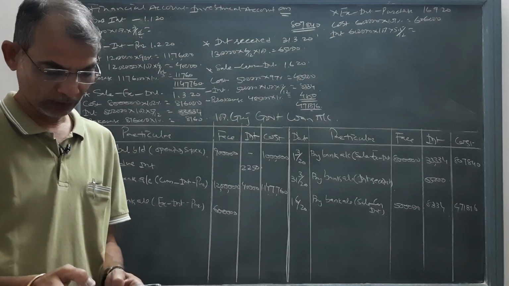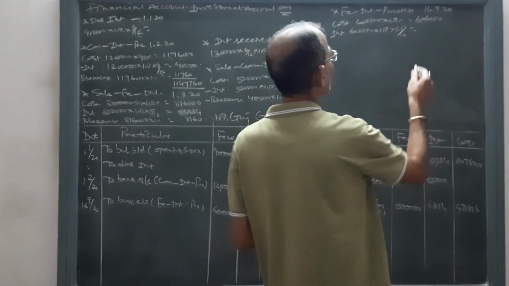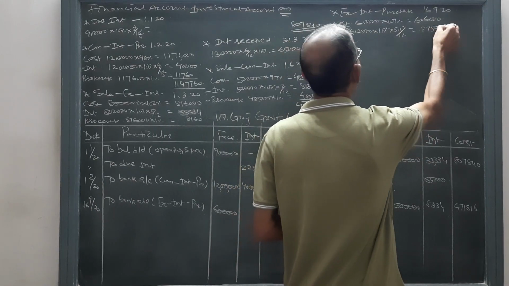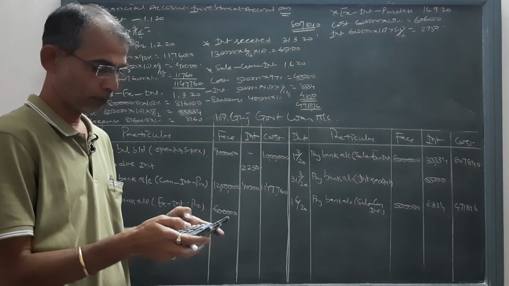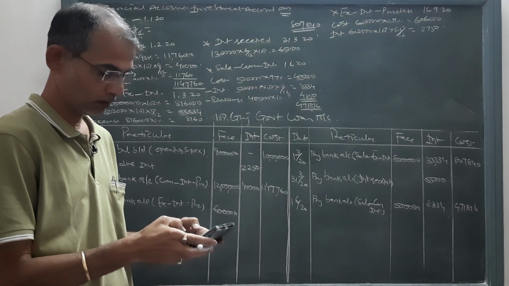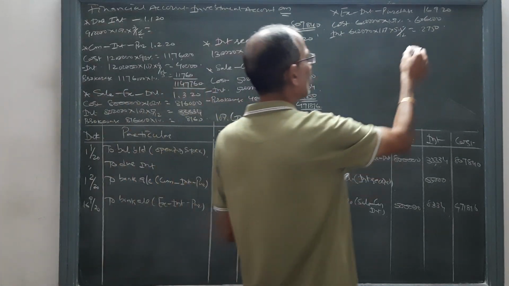So 6,000 divided by 12 into 5.5, that is 2,750. 6 lakh into 10%, 27,500.